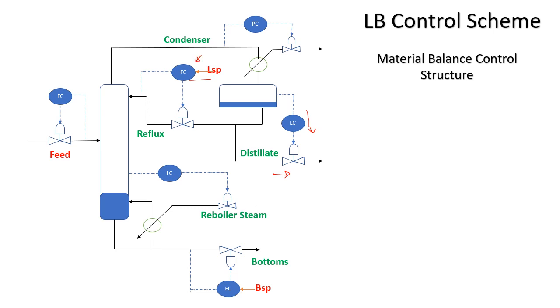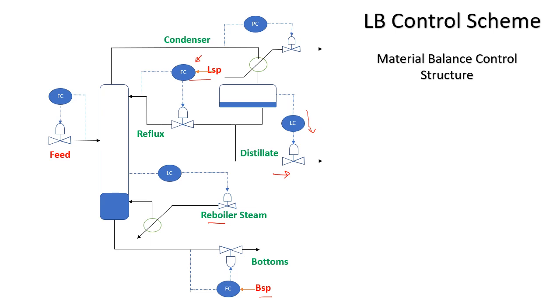And another set point is given to this bottom, right? Bottom set point. Here the level is getting controlled through the reboiler steam because of the same reason. When the bottom flow is very less, we cannot control the level using the bottom flow rate.